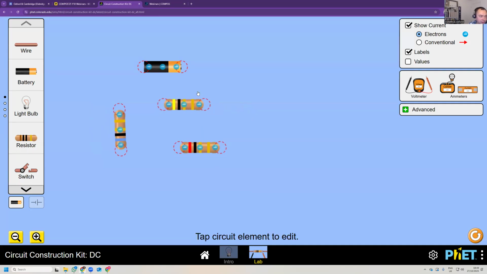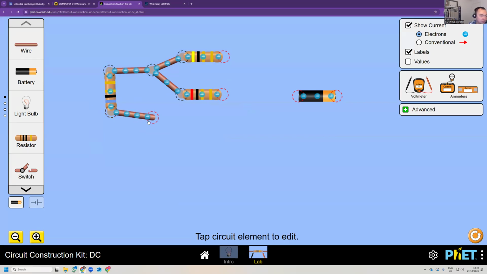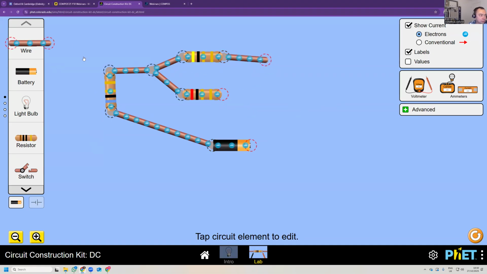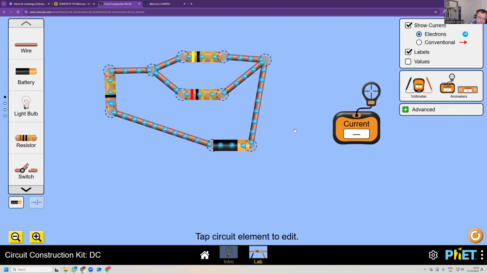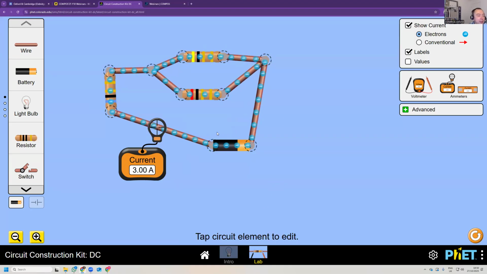A 6, a 4, and a 2. We'll adjust the voltage until the current is 3 amps. Okay. So we have 3 amps in this wire.